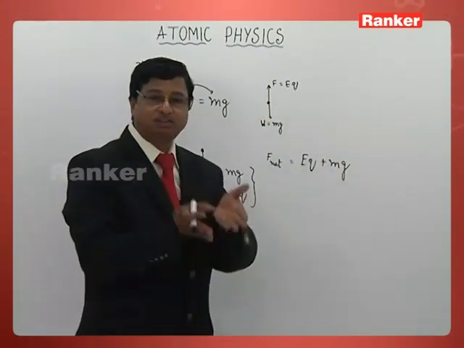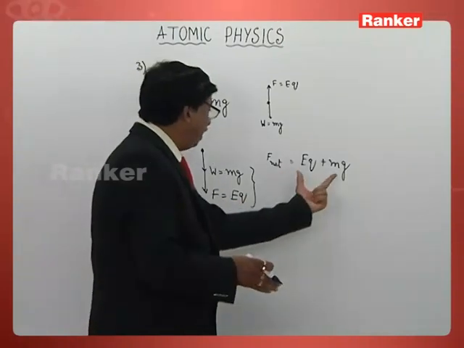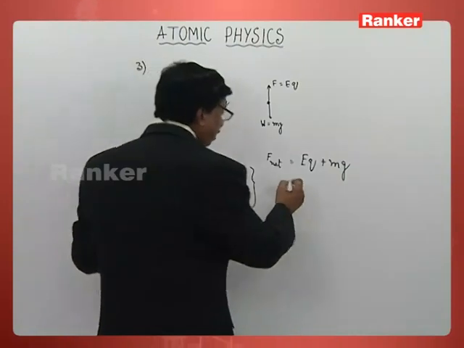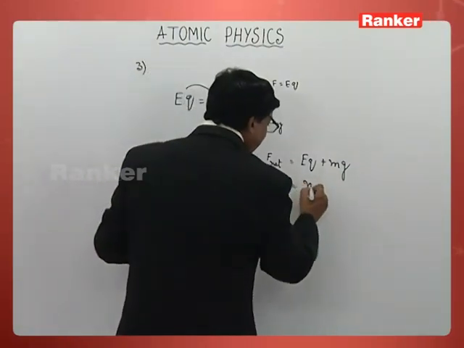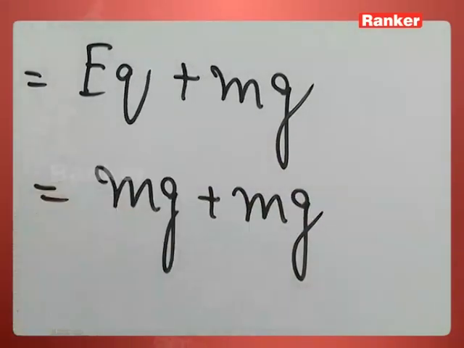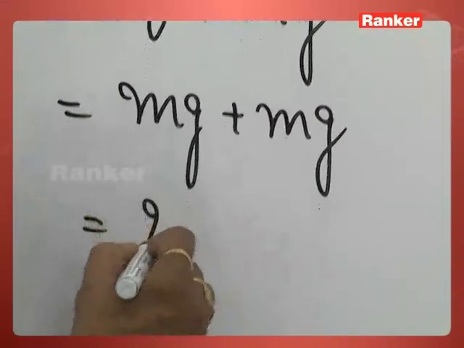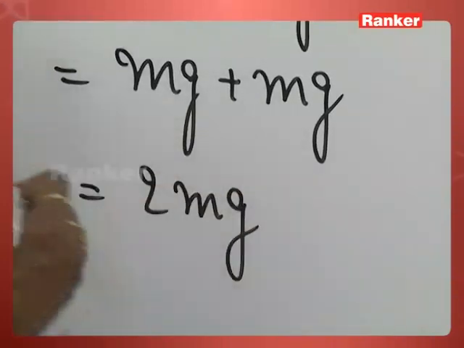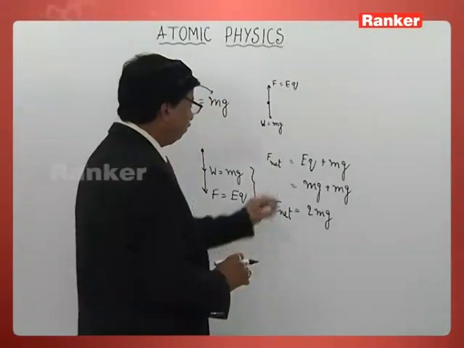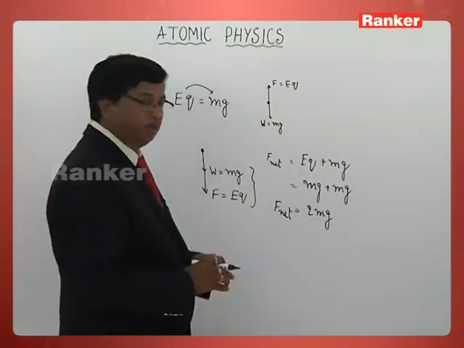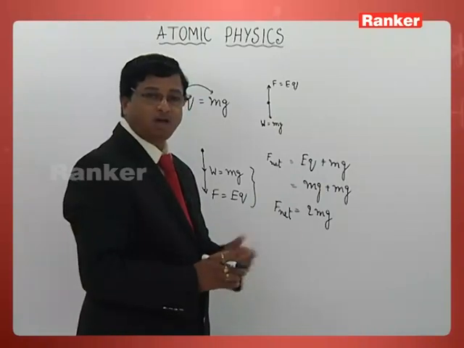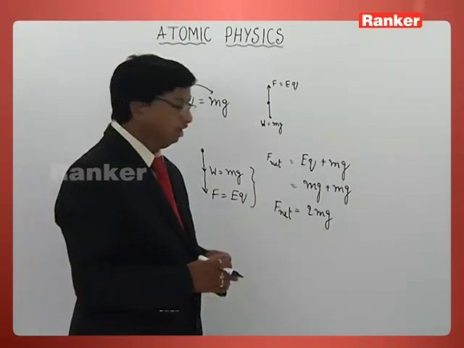Now they are acting in the same direction, therefore we are adding them to get the net force on that particle. So what can I write now? In place of EQ, I can write 1 mg. The other mg already is there. So what will now be the total force acting on that droplet in the downward direction? It is 2 mg. Now this is the net force acting on that drop or droplet, whatever you talk about.